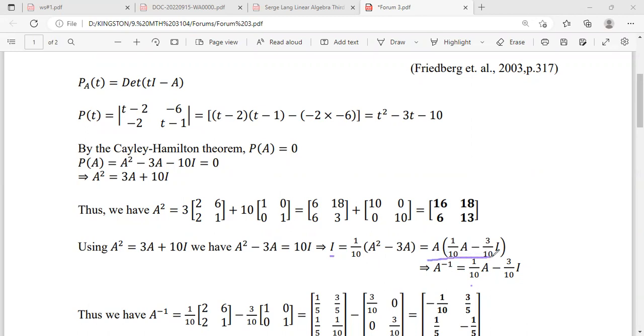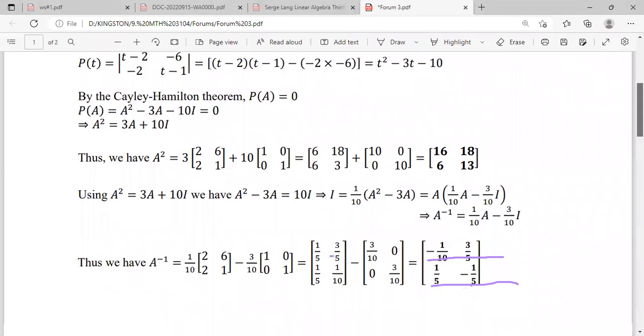Now, since we've gotten that I is equal to A times all of this in the bracket, 1/10 of A minus 3/10 of I, we can see clearly that in the bracket there is A inverse. So substituting the value of A again, we'll come up with our A inverse value.